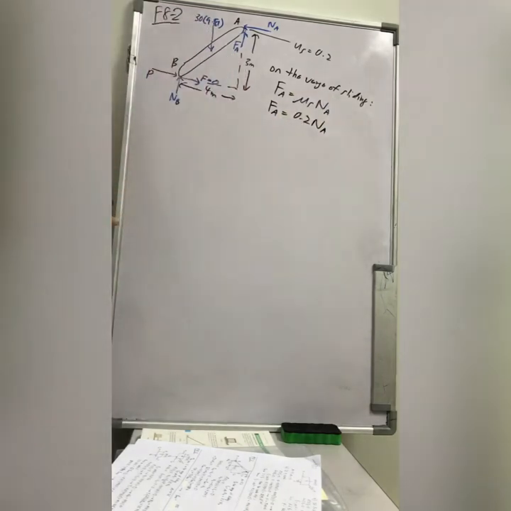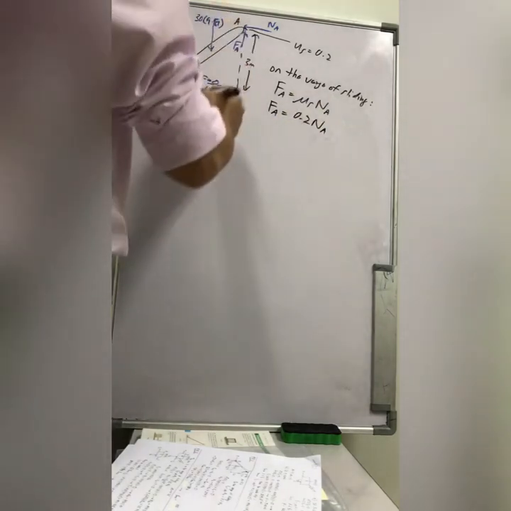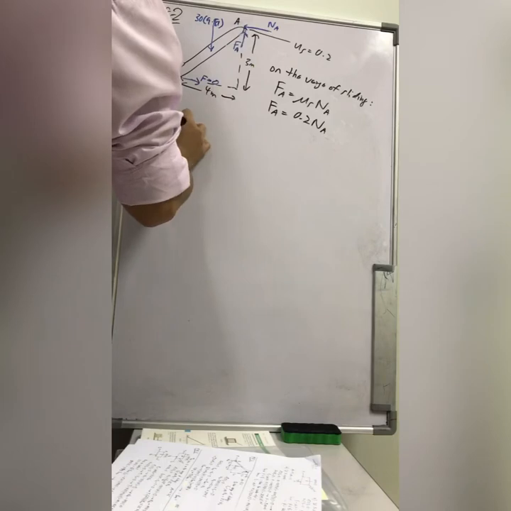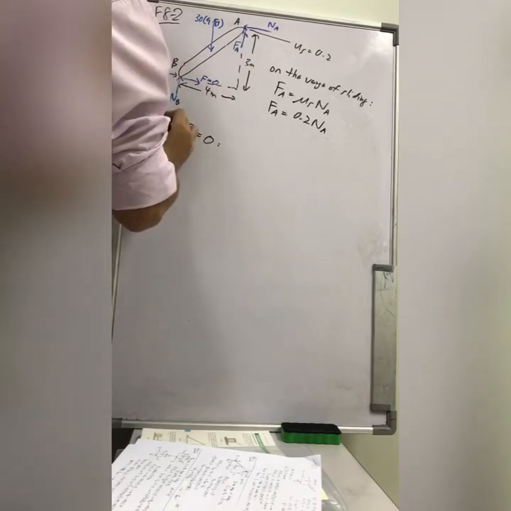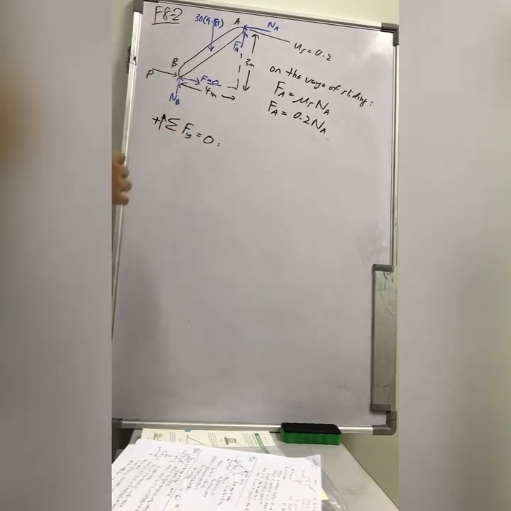You got your first relation, and then you do the free body diagram like this. So you do Fy equals 0.